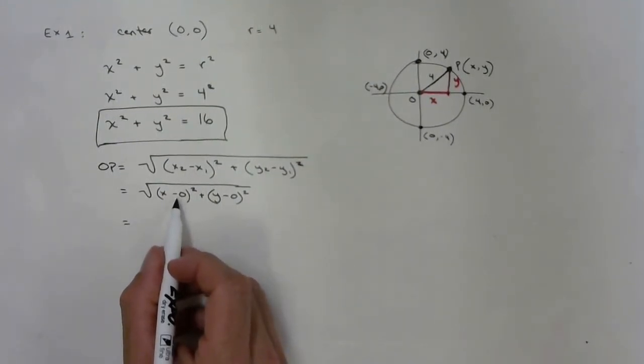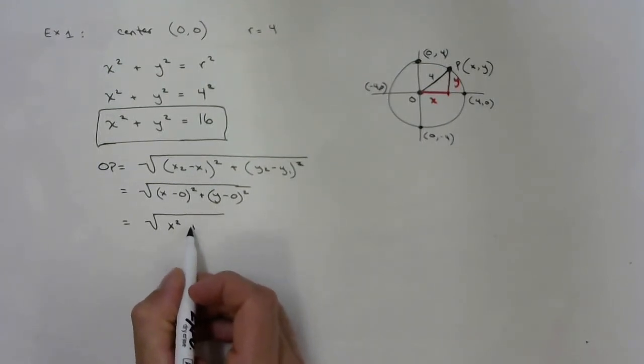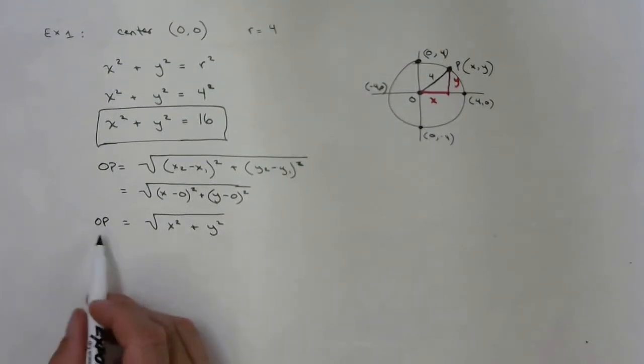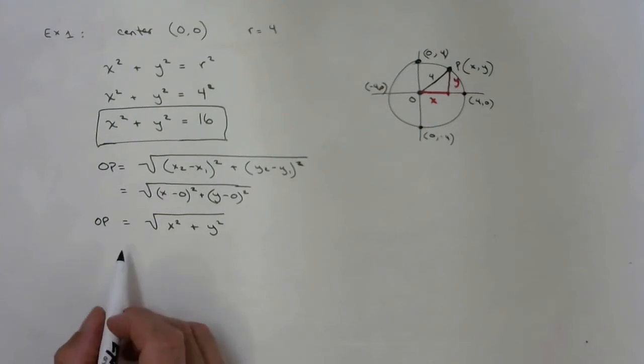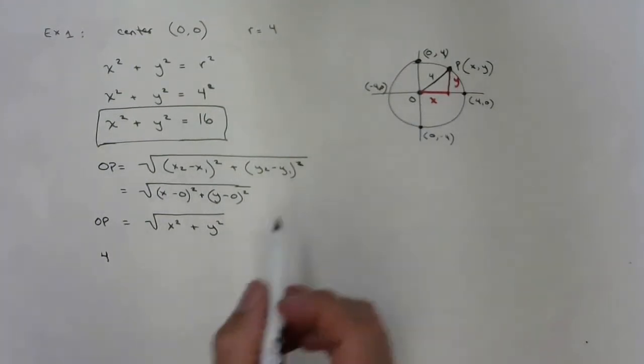X minus 0 is x. Y minus 0 is y. There's a formula for the length OP. Okay? In this case, I know that OP is 4, because that's what it told me in the problem. That has a radius of 4.